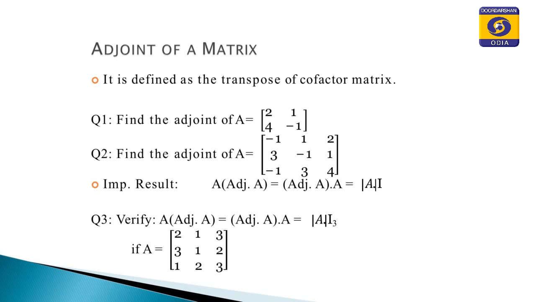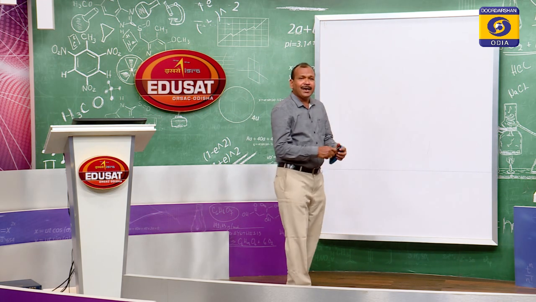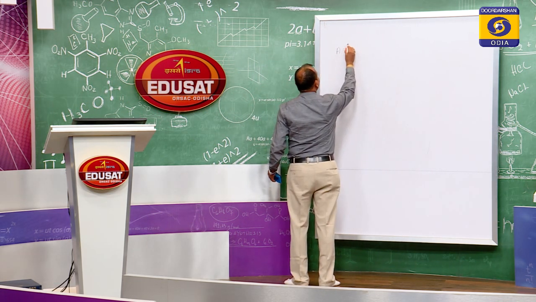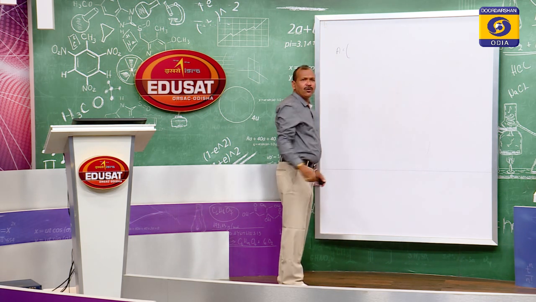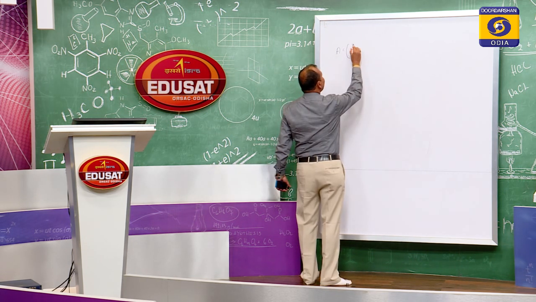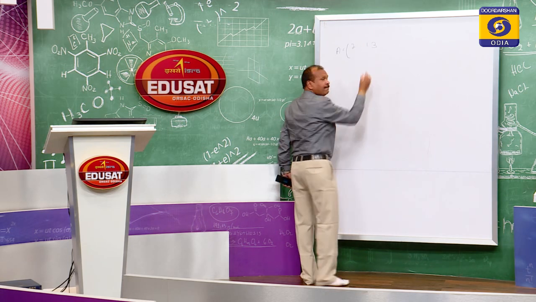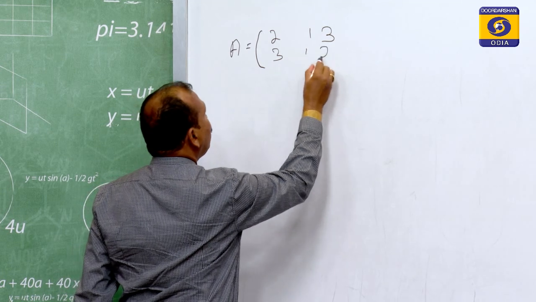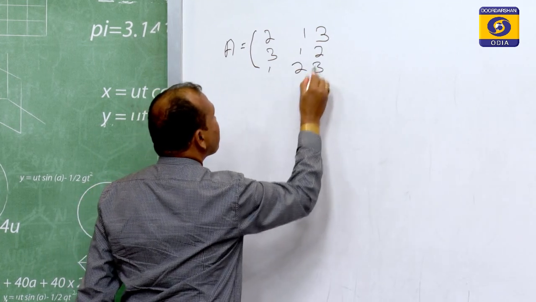Now, let us work out an example, question number 3. Suppose A is the matrix 2 1 3, 3 1 2, 1 2 3.